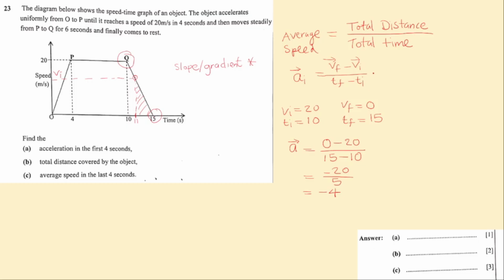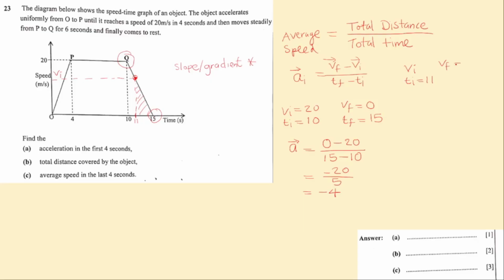We use the same formula, but this time we're going to get the initial point. That will be our initial point there. Our initial point has initial time. In fact, it has initial velocity, which we don't know, and initial time, which is 11.